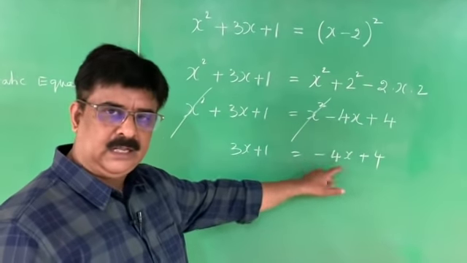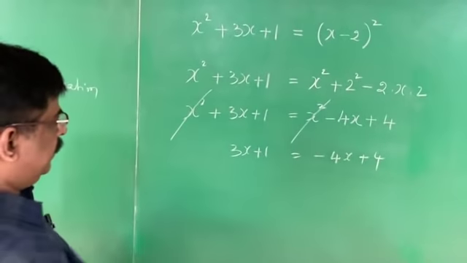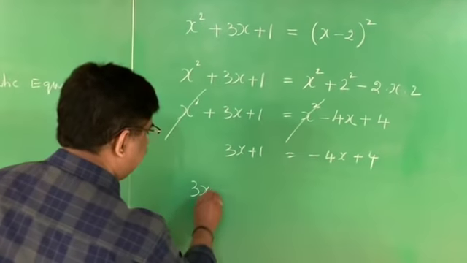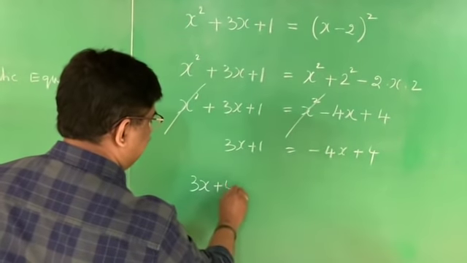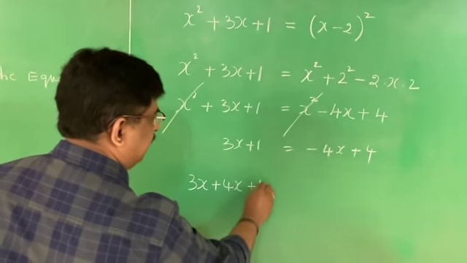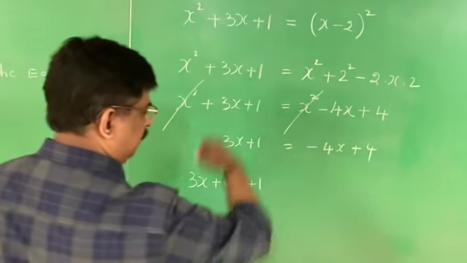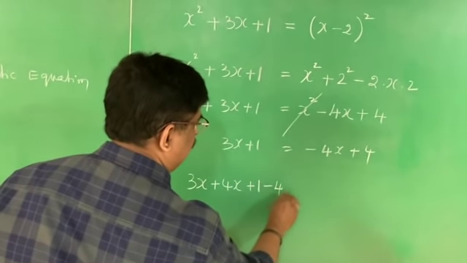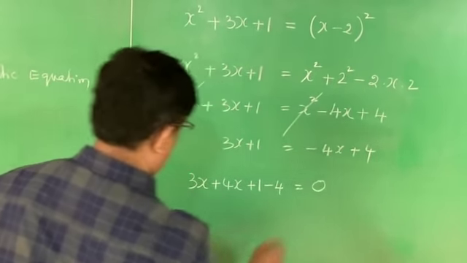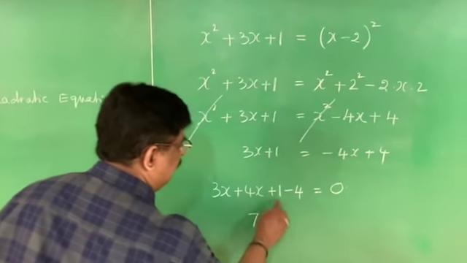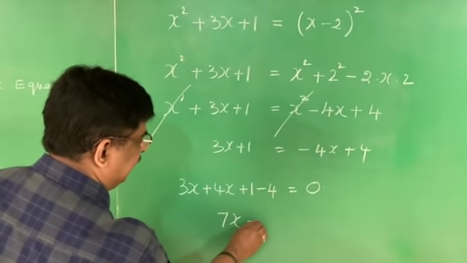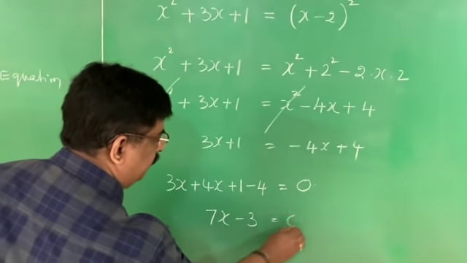Therefore, this is smaller; transfer this to this side. 3x is there, minus 4x from that side becomes plus 4x. Plus 1, plus 4 come to this side, then becomes minus 4 is equal to 0. 3x plus 4x is 7x. Plus 1 minus 4 is minus 3 is equal to 0.